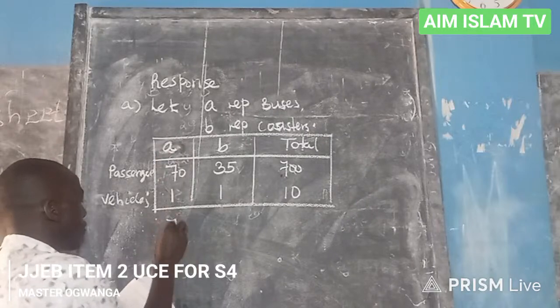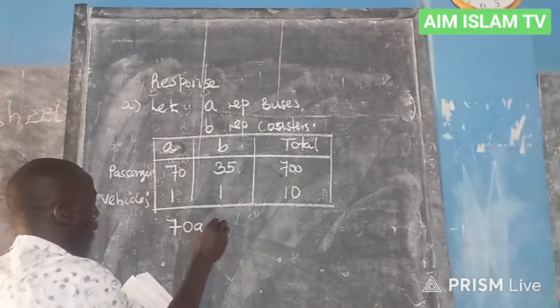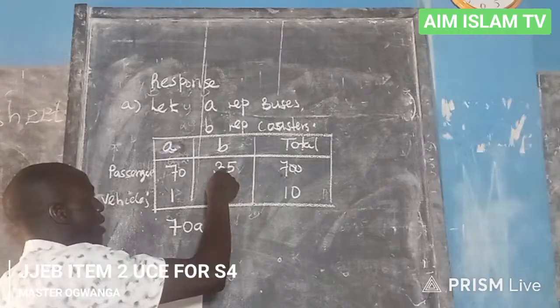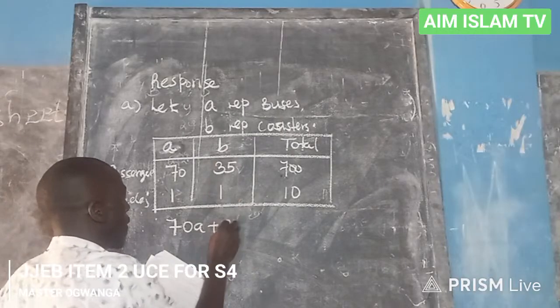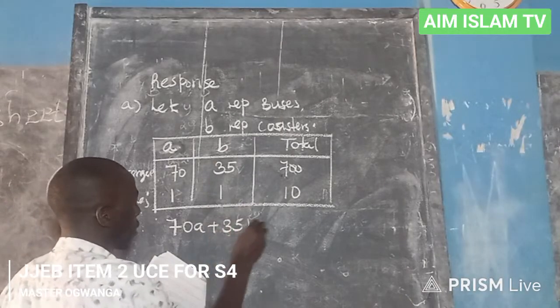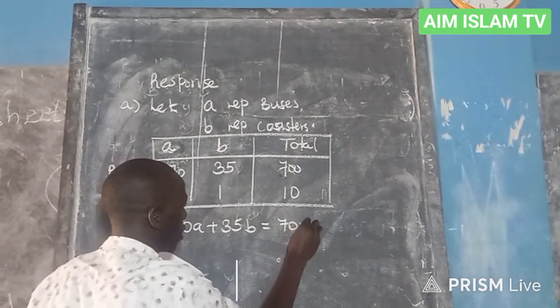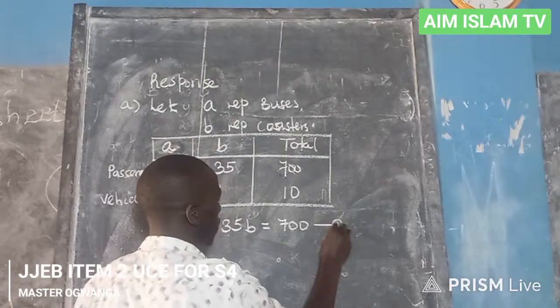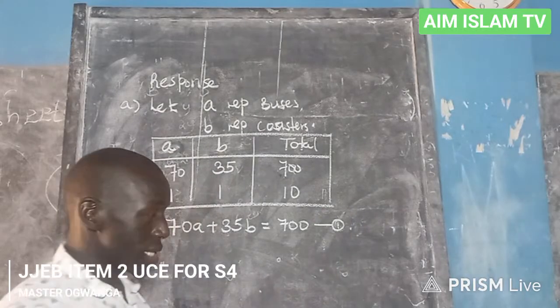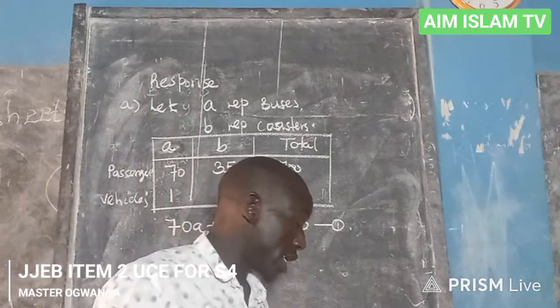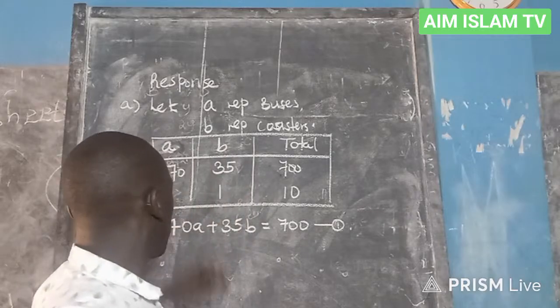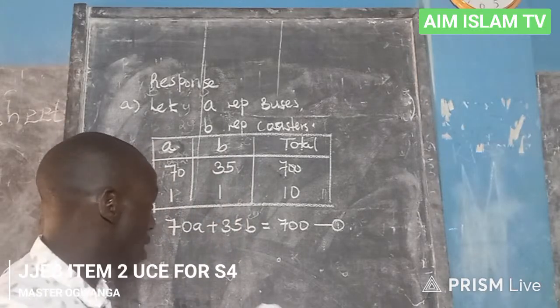This is going to be 70A plus 35B, which gives a total of 700. We leave that as our first expression, coming from the number of passengers.